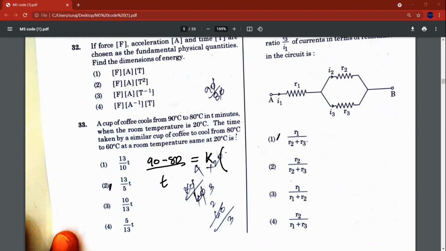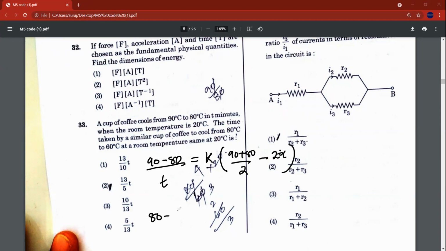When the room temperature is 20 degrees Celsius, temperature of the object will be 90 plus 80 divided by 2, minus temperature of surrounding 20 degrees Celsius.